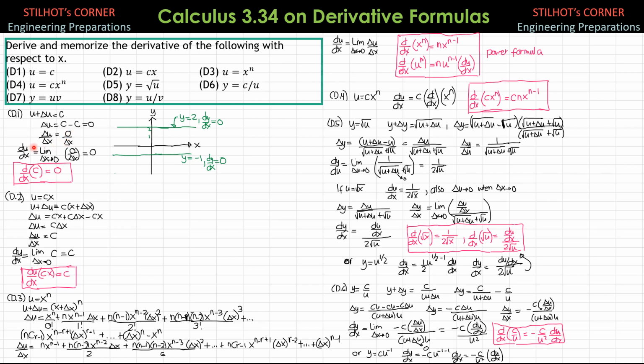So the derivative of u with respect to x is du dx, and it is the limit of delta u over delta x as delta x approaches 0, but 0 divided by almost 0 is 0. So the derivative of a constant is 0.